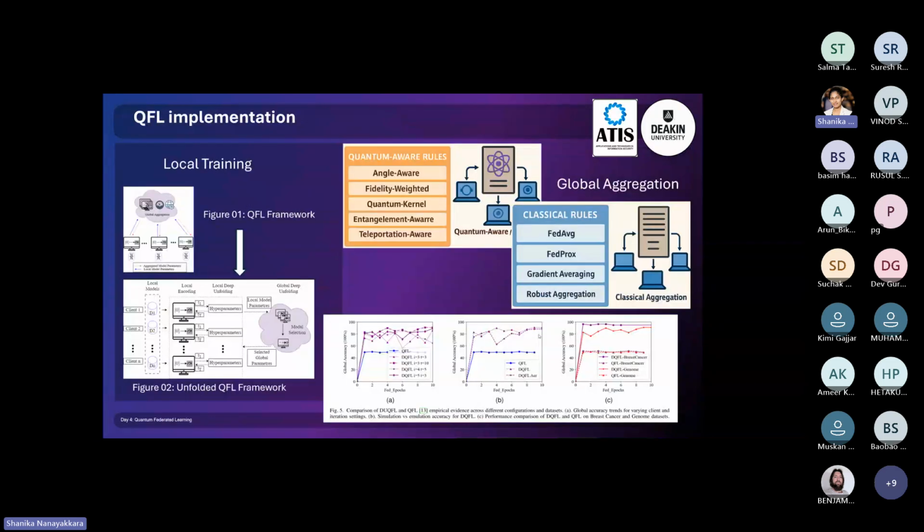Next, this shows how QFL implementation can improve. These are some of the examples we are doing in our research, and I indicate some of the global aggregation methods here for you to understand. These are at the research stage because we are doing experiments using different kinds of data to check which is the best method.